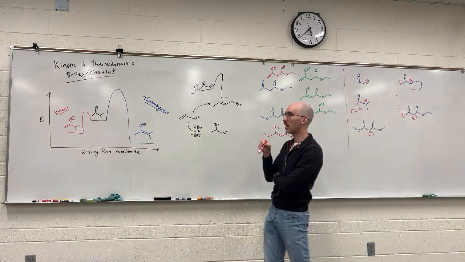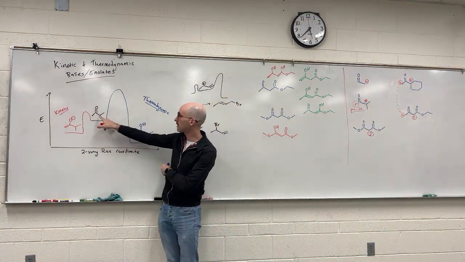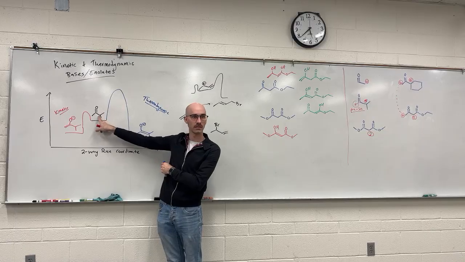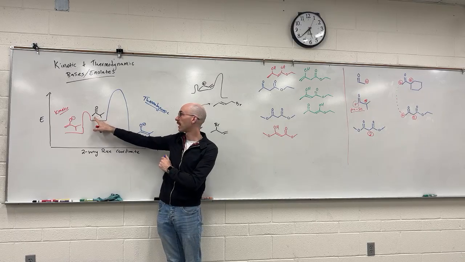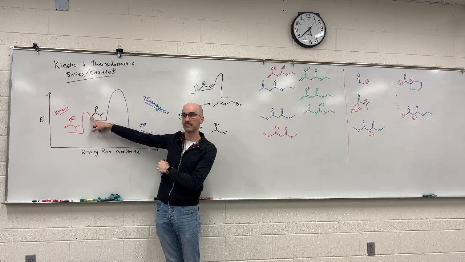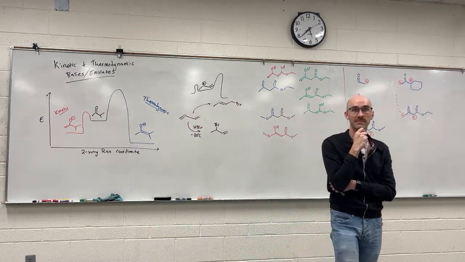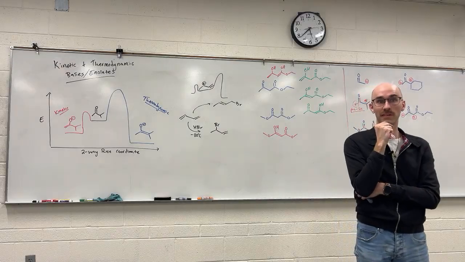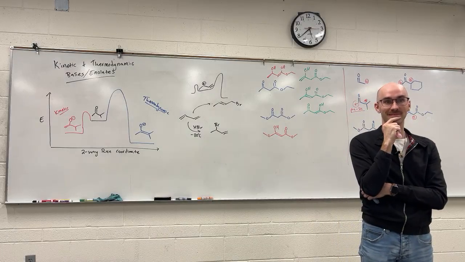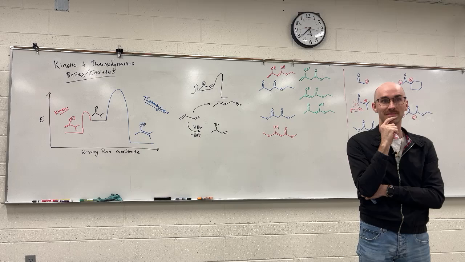If a base comes in and takes this hydrogen, why does that require more energy than taking this hydrogen? Mm-hmm. What about it? It's like the hydrogen attached to the carbon as well as substitution. Yep.